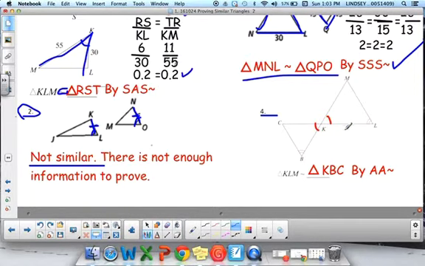Now on number 4, this was a little bit tricky. I don't have any numbers here, but what I do have are these little arcs. So this tells me angle B is congruent to angle L. And I also know because these angles are what? Yes, you guessed it, vertical.